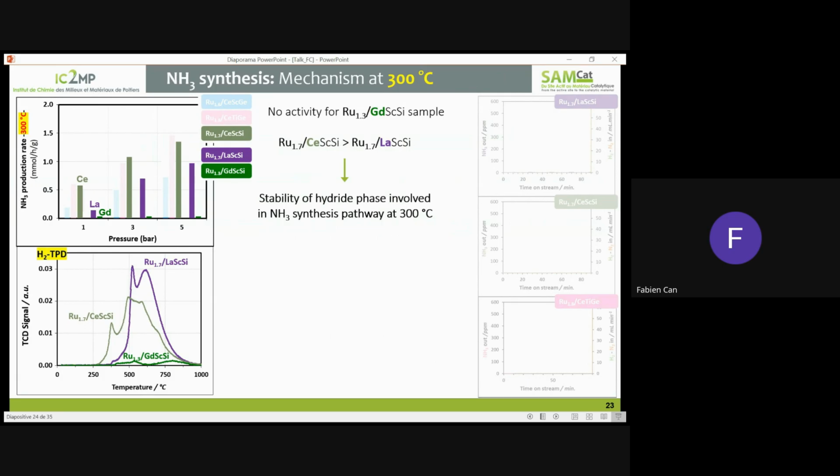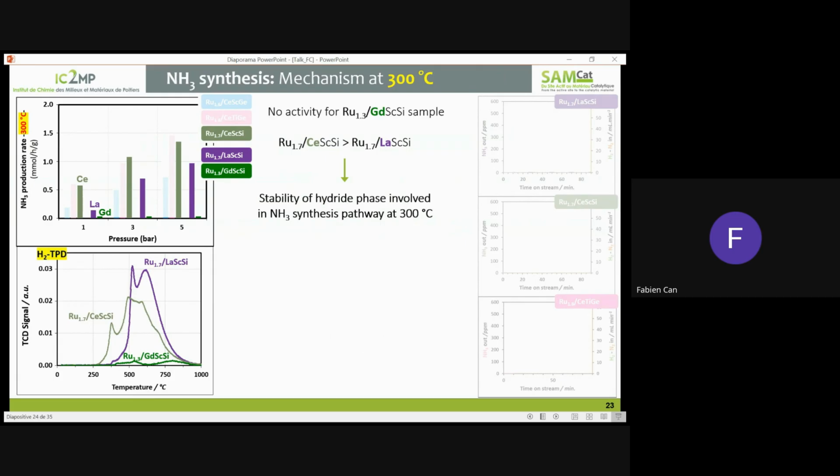degrees C. And if we also report on the slide the curve of the hydrogen desorption depending on temperature, we observe that the sample based on gadolinium doesn't have any hydrogen desorption. It means that this sample is not a hydride sample.